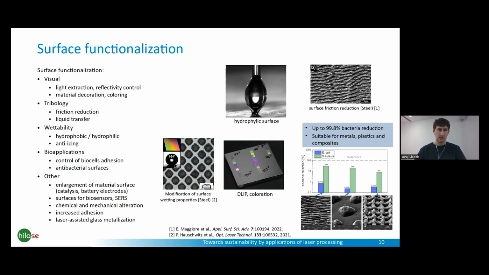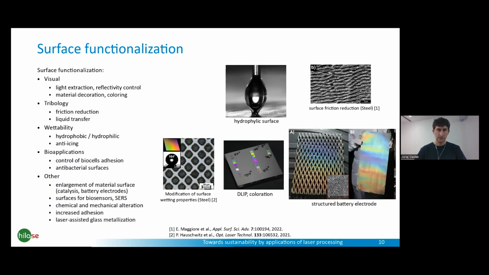So the structured surface is antibacterial. And there are many more, such as processing of surfaces for catalysis, for increased surface of battery electrodes, for biosensors, chemical and mechanical alteration, increased adhesion of glue on the surface, or laser-assisted glass metallization. There's an example of a large surface structured by highly periodic structures. It was used as an electrode for a battery to increase the capacity.